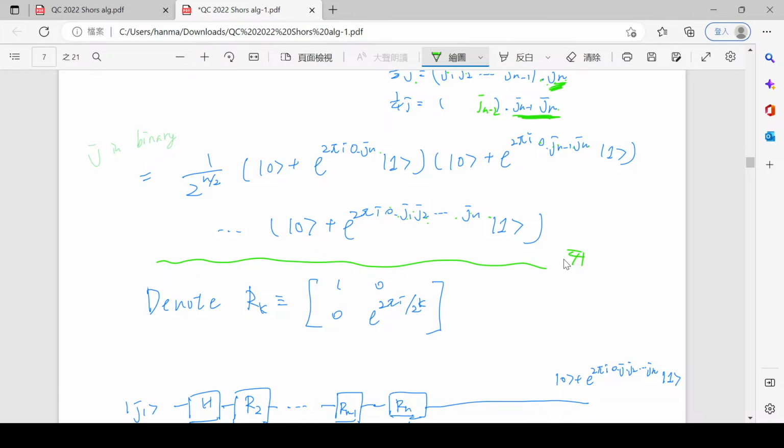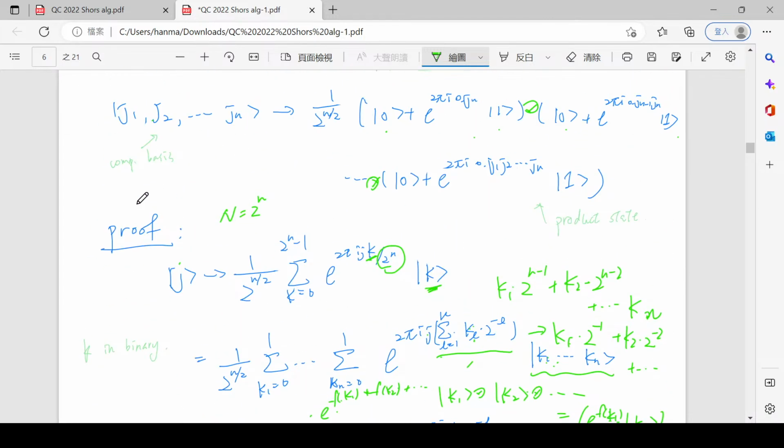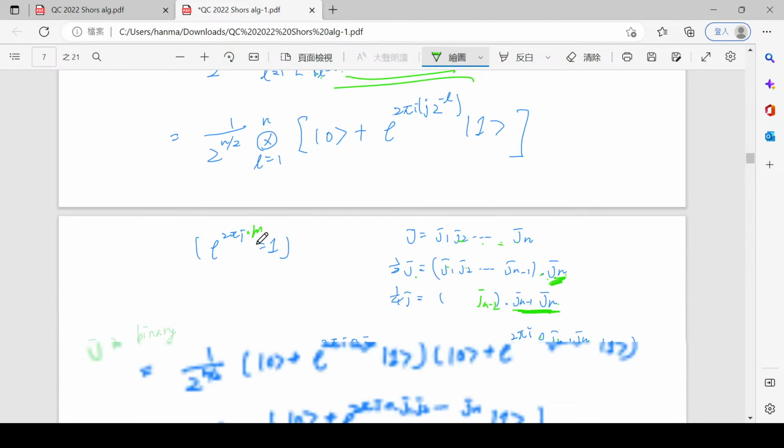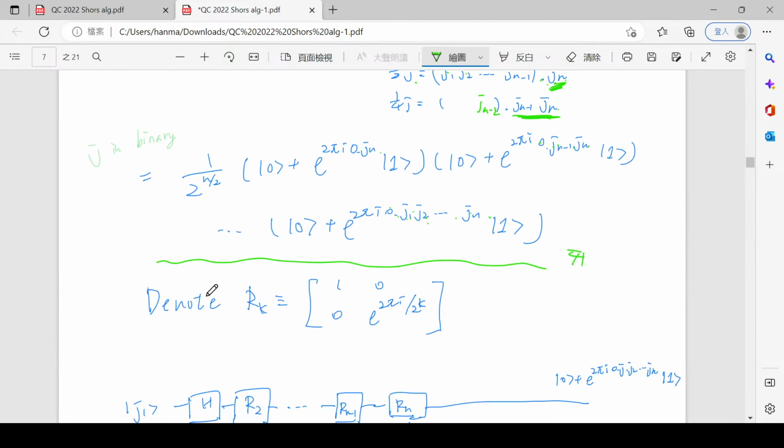So I guess any questions on this derivation? So we proved that if your input to your quantum Fourier transform is a product state, then the output is also a product state with this very nice structure.